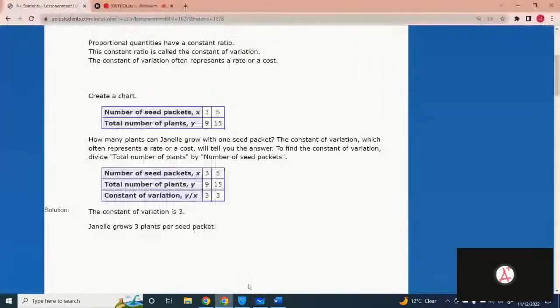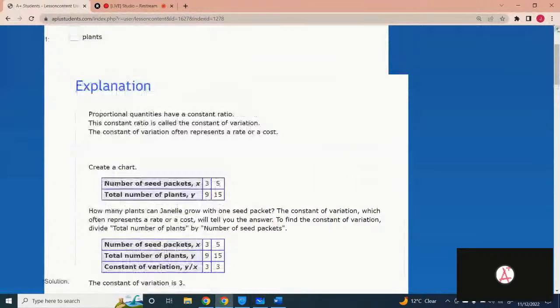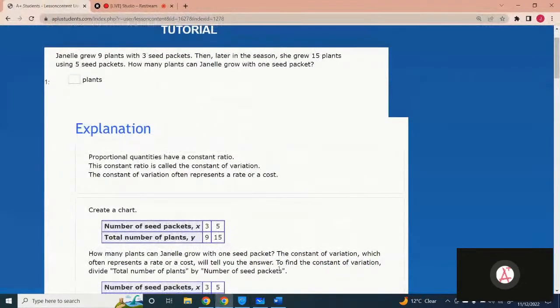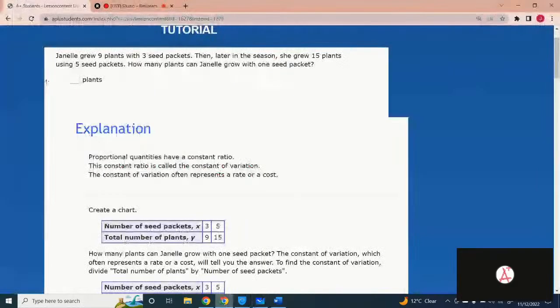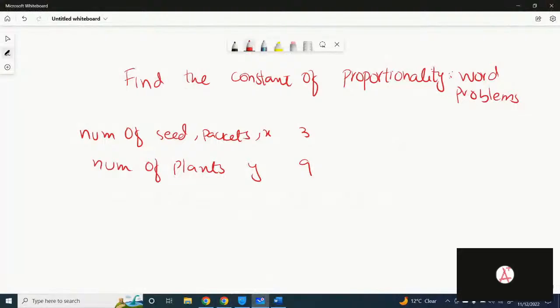For 9 plants from 3 seed packets, the seed packets would be variable x and the plants y, so 9 plants by 3 seed packets, and then you have 15 plants using 5 seed packets.